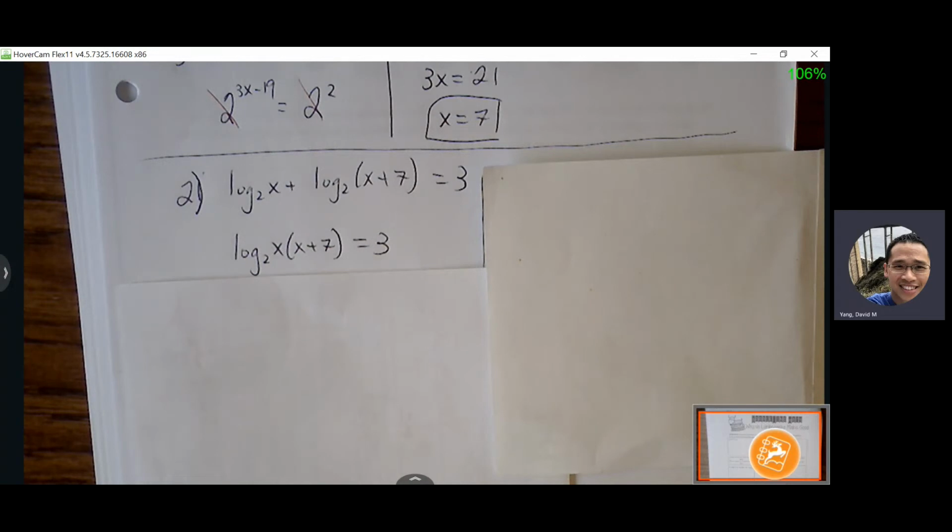I can merge the x's together, right? x squared plus 7x. And then get it into exponential form.